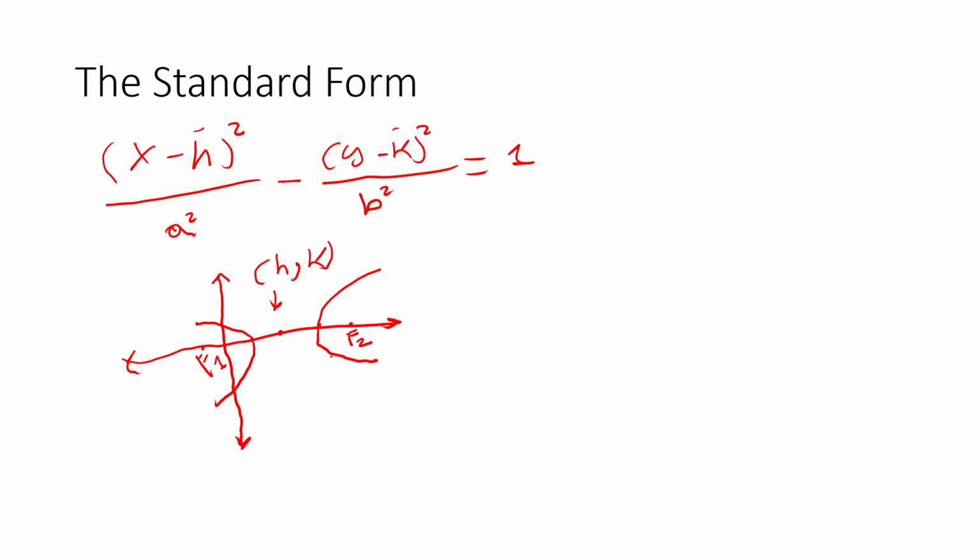First is the distance between the focus and the center, and we call this distance A. So the total distance between the two foci is 2A.